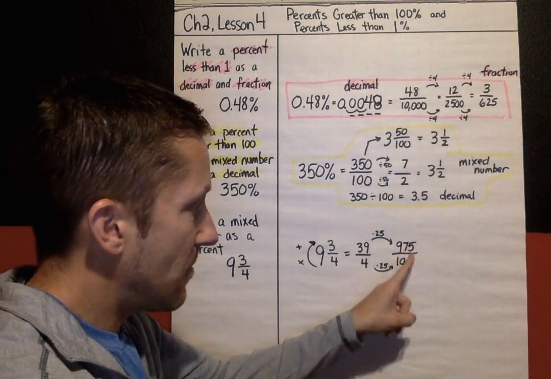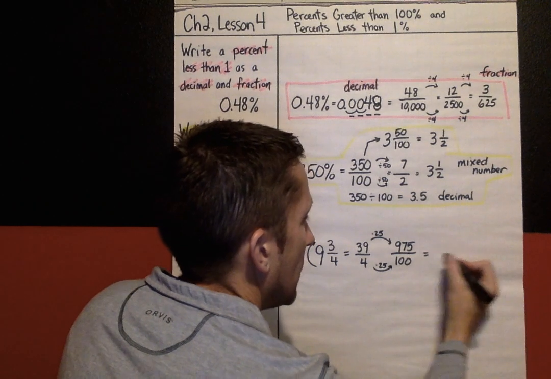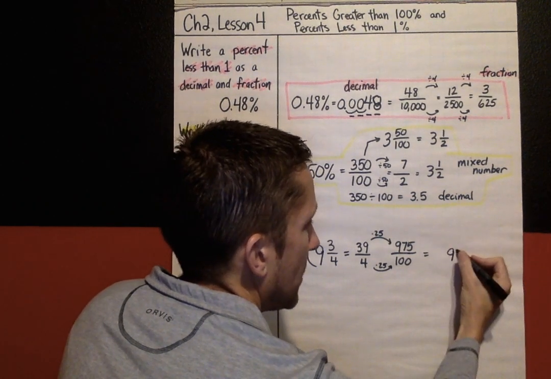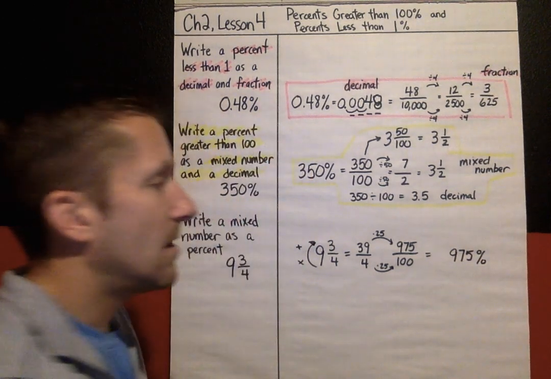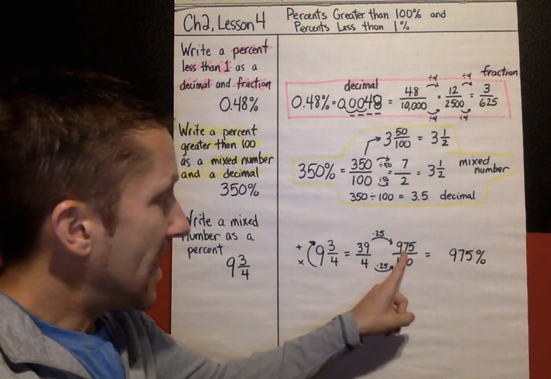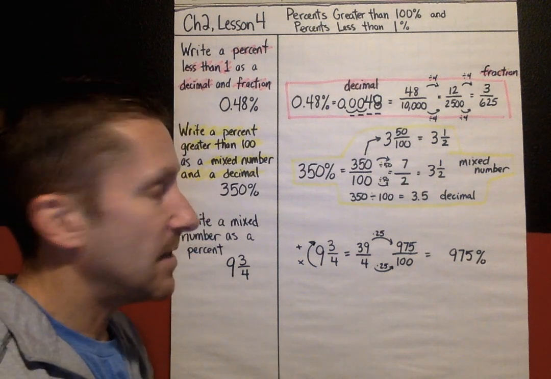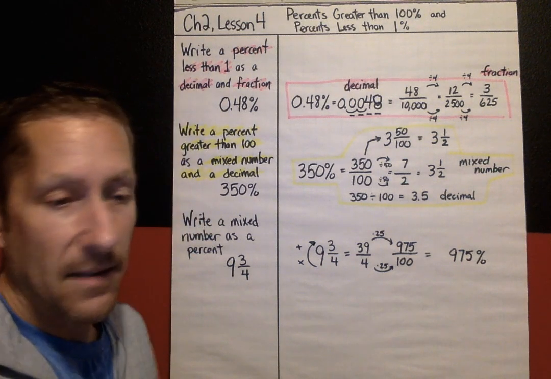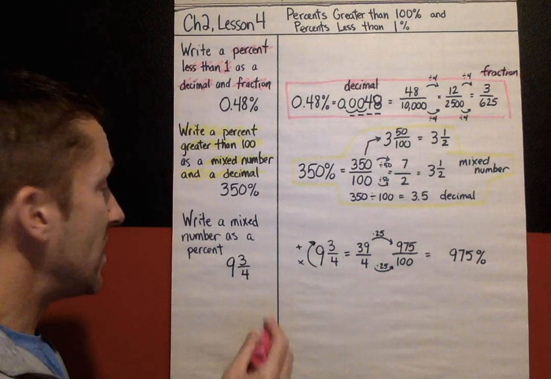Now I've got a number out of 100. To make that into a percent, I just take the top number, and I can call it a percent. 975 hundredths is the same thing as 975%. So again, on your practice today, read very carefully.